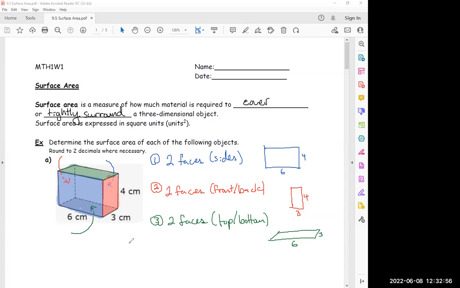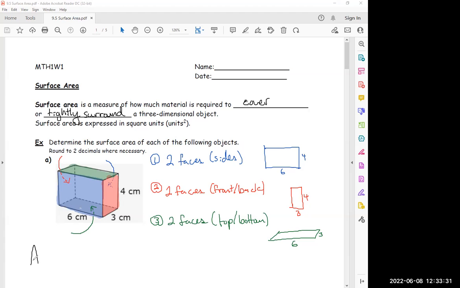But for me, I think it's more valuable that you are able to see visually what each face is and calculate the area accordingly. There's no value. It doesn't improve your thinking and your logic skills just to plug numbers in. So as a math teacher, that's what I desire from you in hopes that you'll be able to level up from where you were, let's say, in grade 8. That visual ability will absolutely help you, especially if you are interested in things like physics.